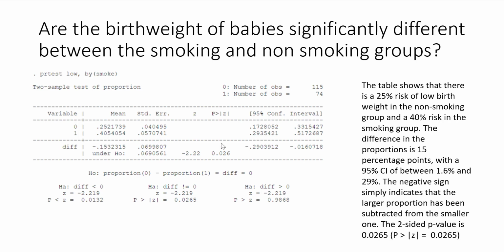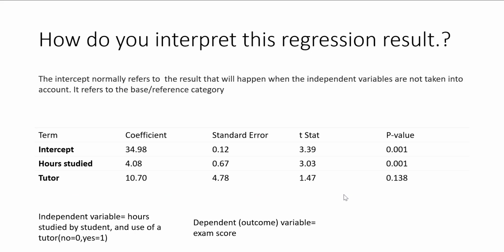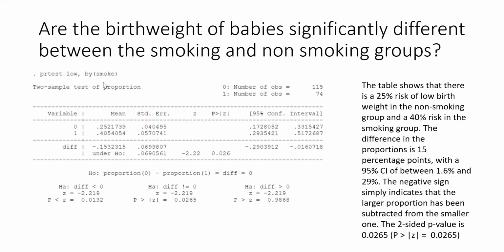Normally, when in the question you don't see any category listed, just assume that the default category is 0. The default or the reference category is normally 0. That is the people that don't have any issues at all.